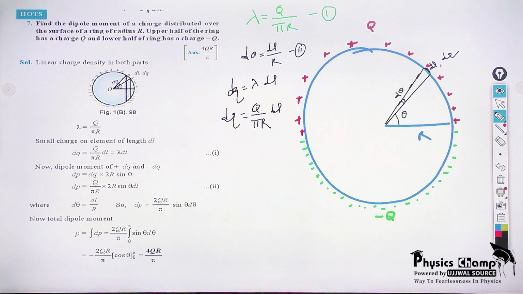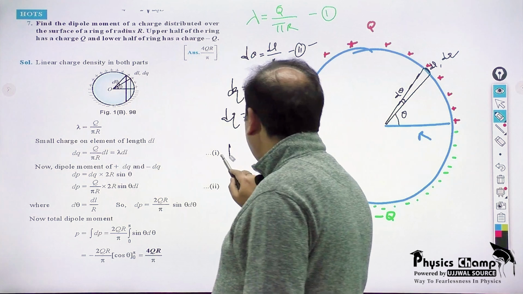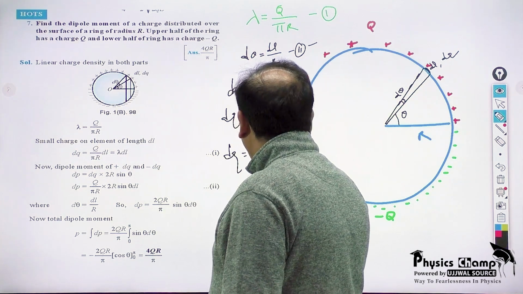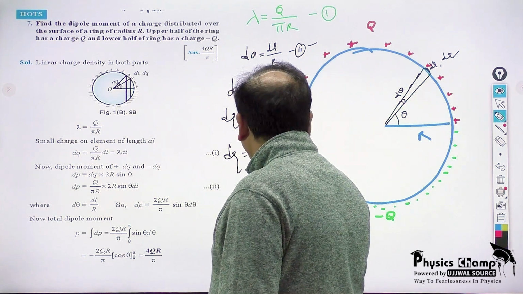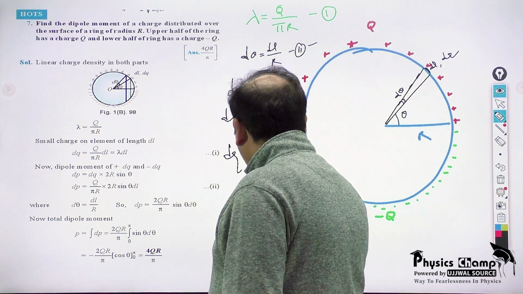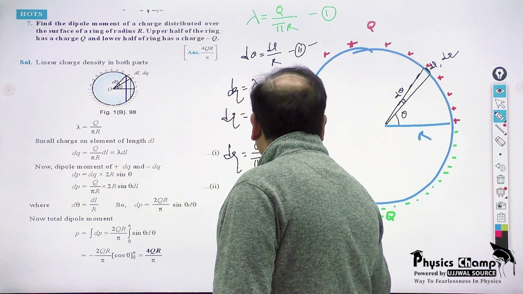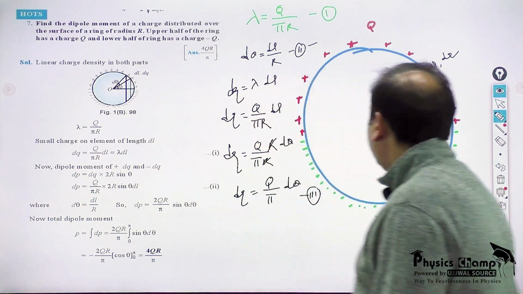And then dl can be further written as r d theta. So that charge dq will be q by pi r into r d theta. So charge dq will be q by pi into d theta. I can call it equation 3.